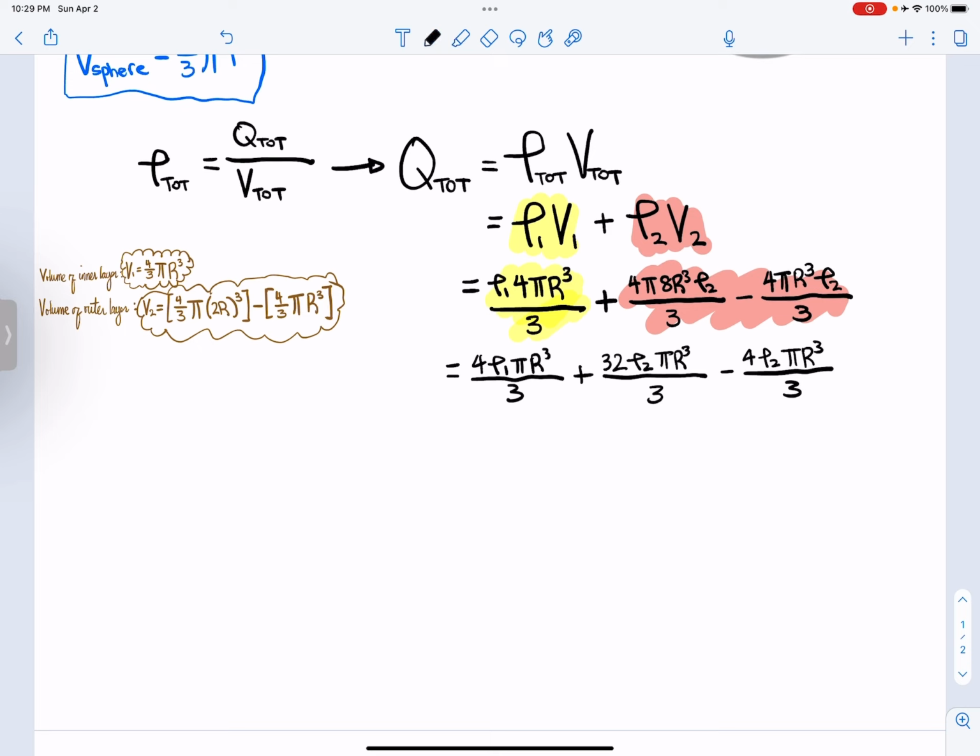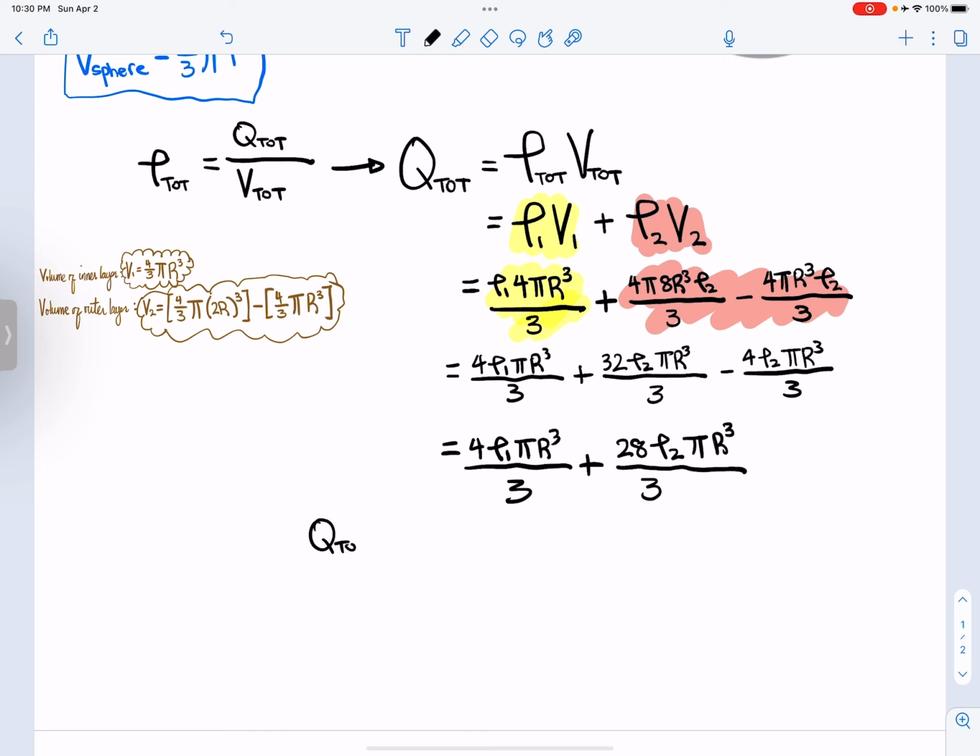So that becomes 4 rho 1 pi r cubed divided by 3 plus 32 minus 4, that's 28 rho 2 pi r cubed, divided by 3.